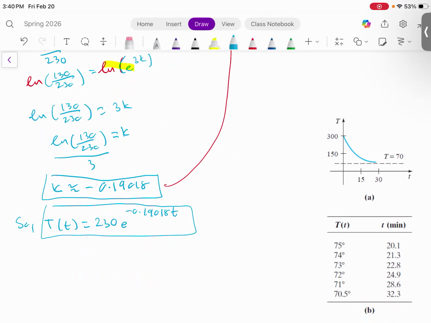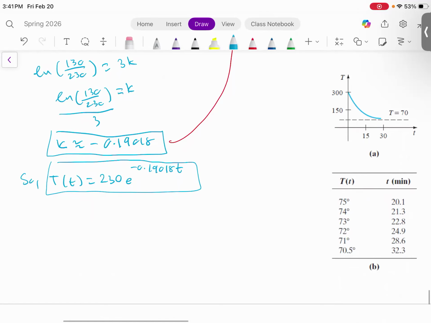Okay, so let's go ahead and figure out the main question for this problem. Now we want the time t when this cake is at 70 degrees Fahrenheit.